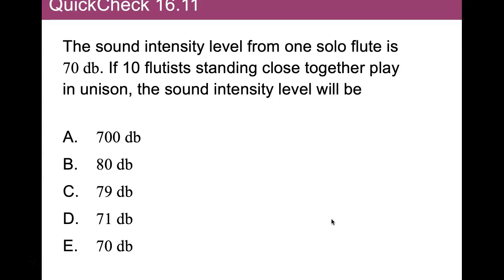We have this intensity level of one flute that's 70 decibels. And if 10 flutes standing close to each other play, the sound intensity level in decibels will be what? Well, if there's 10 of them, they're putting in 10 times the energy, right? So the intensity should go up by a factor of 10.